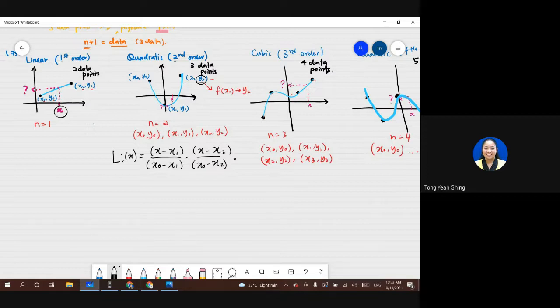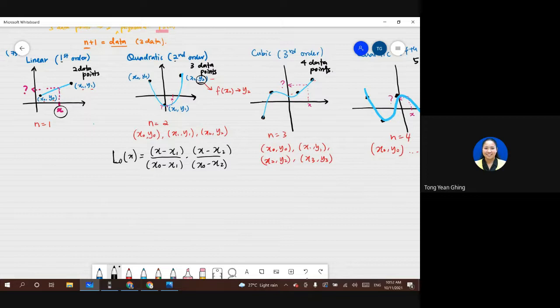Okay, this one is based on, let's say we start with the L naught. We have to expand until here only, if let's say L naught.